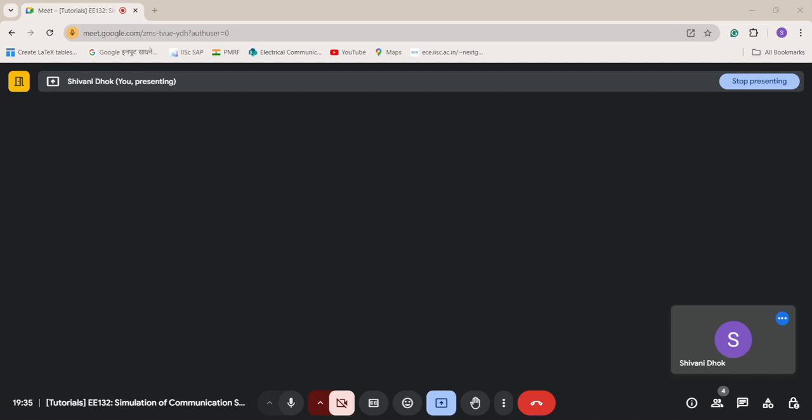Now when we are writing codes for communications, we'll do it step by step. So the first step here is to set up the simulation parameters. Then get the constellation points.